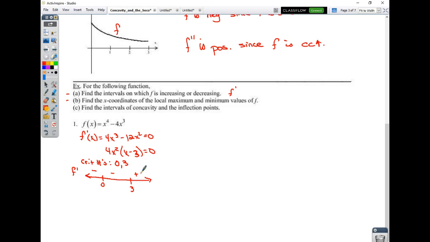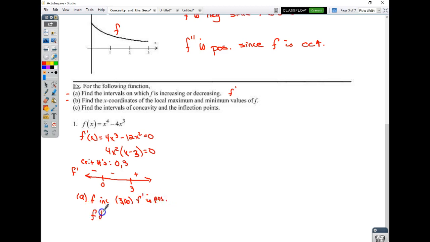And now that we have f prime, we can actually answer parts A and B, because A wants to know when a function is increasing or decreasing. So a function is increasing when f prime is positive. So f is going to increase on 3 to infinity, since f prime is positive.